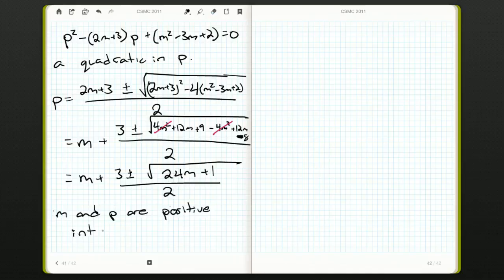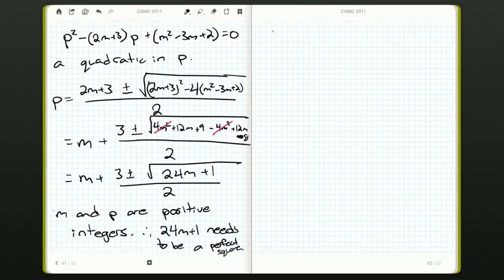So m and p are positive integers. Okay, fantastic. What does that tell us? Well, that tells us that this square root thing, we have to be square rooting a square. So 24m plus 1 needs to be a perfect square.